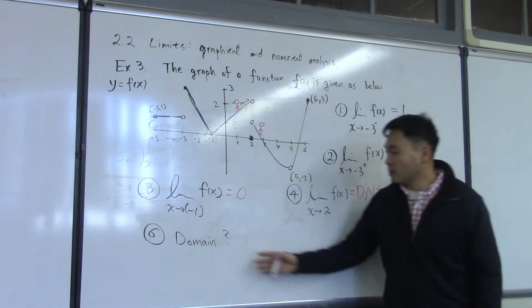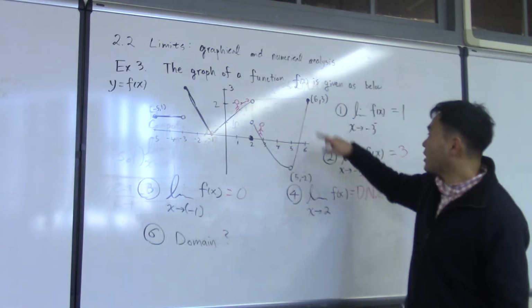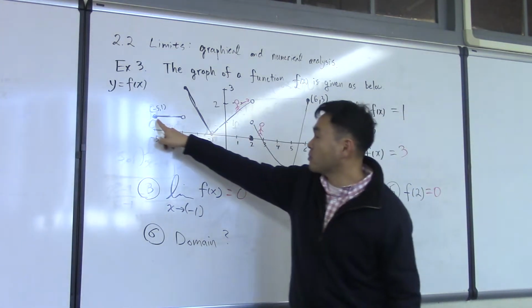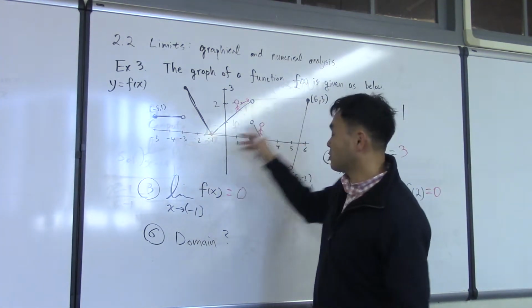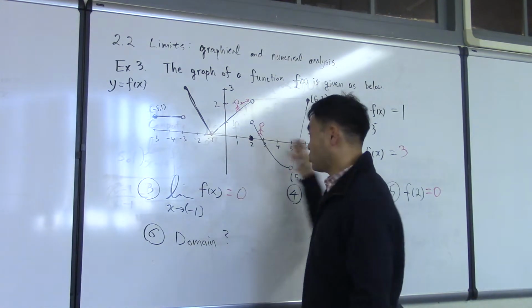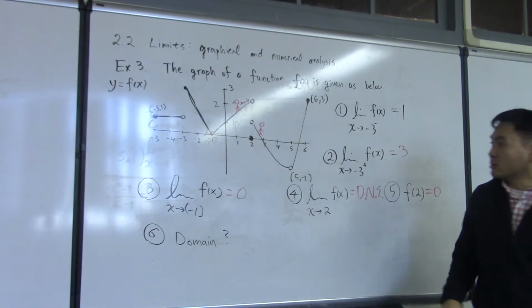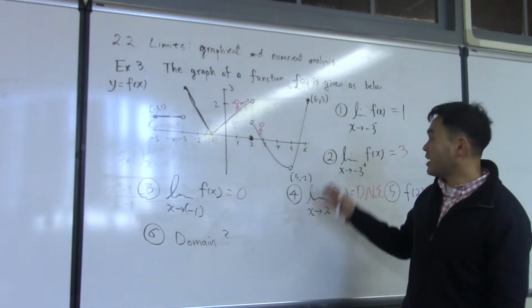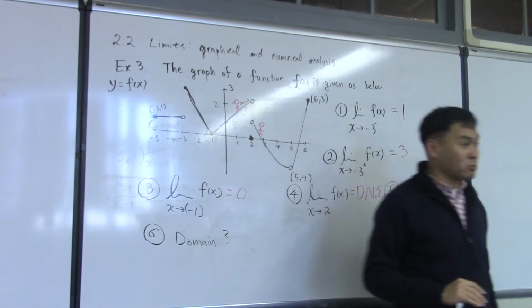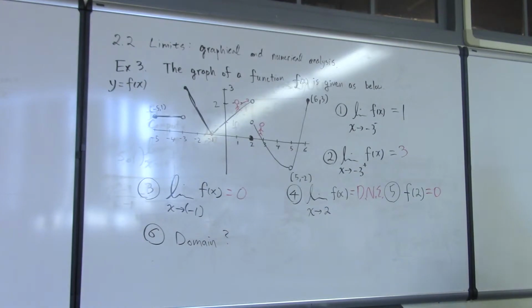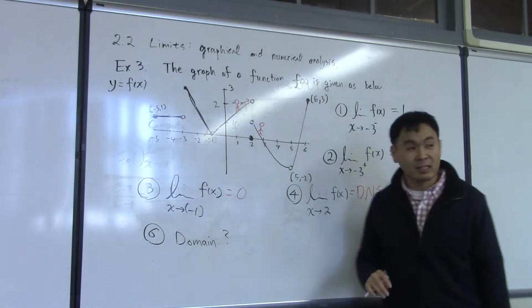All right. Domain. I deliberately put these closed circles here because I want to limit my domain from -5 through 6. So my question is, is the function defined everywhere from -5 through 6? No. Where is it not defined?